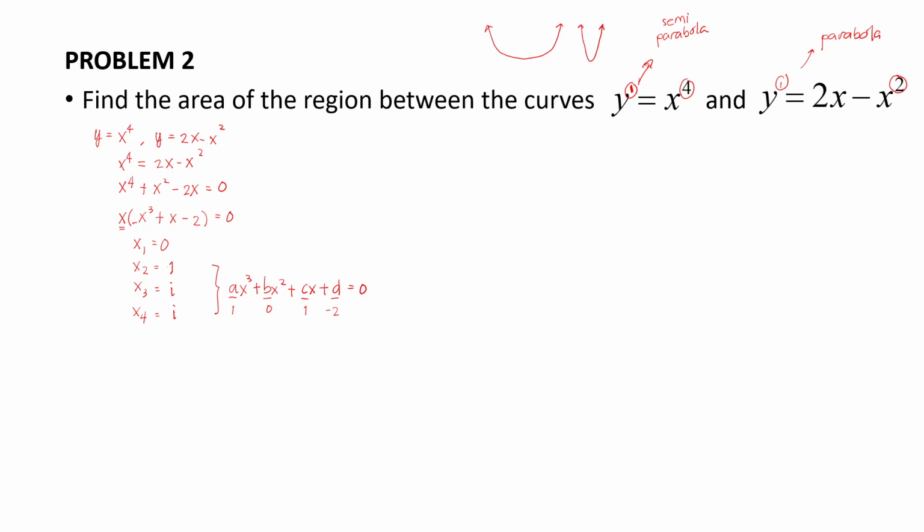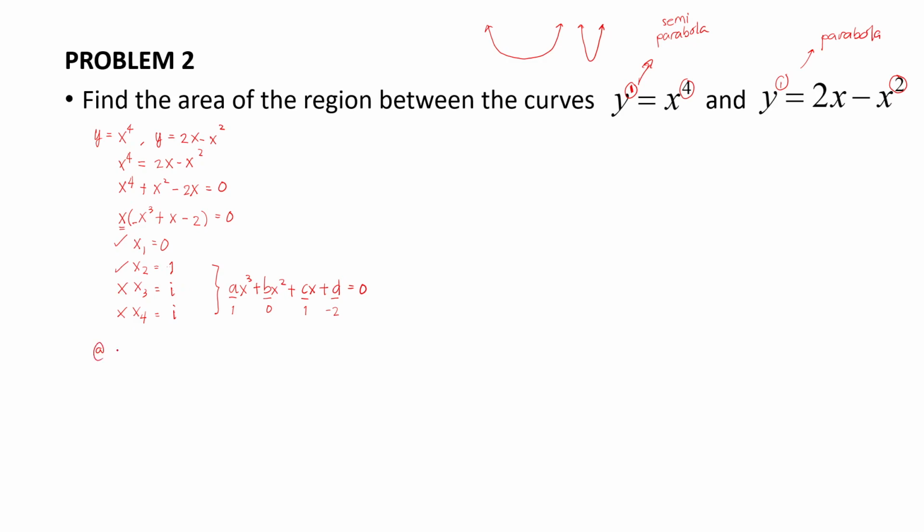So we're going to utilize 0 and 1, and we don't utilize the imaginary numbers. It's not totally imaginary, but it has a real value: negative 0.5 plus the imaginary number. But again, since we're graphing, we don't use the imaginary aspect of the roots.